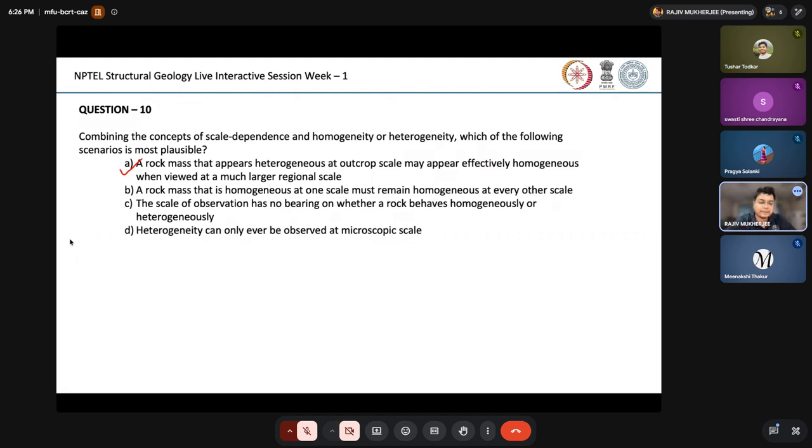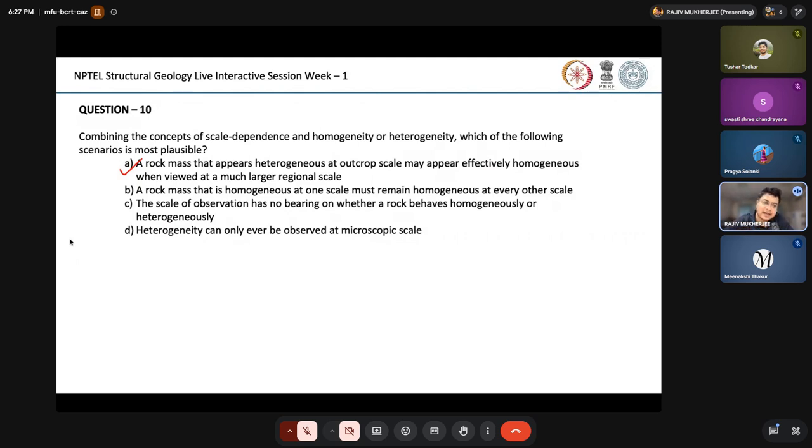But then think again. If I select one particular layer, say the layer which has only chert and no iron ore inside, and I zoom in and see through the microscope, what will I see? I will see homogeneous deformation, because at that microscopic scale I am observing only one single composition, and in that single composition the deformation has to be homogeneous, right?